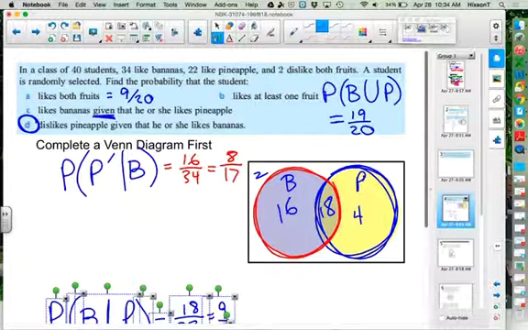Now again, you could use your formula. What's the probability that we don't like pineapples and we like bananas?